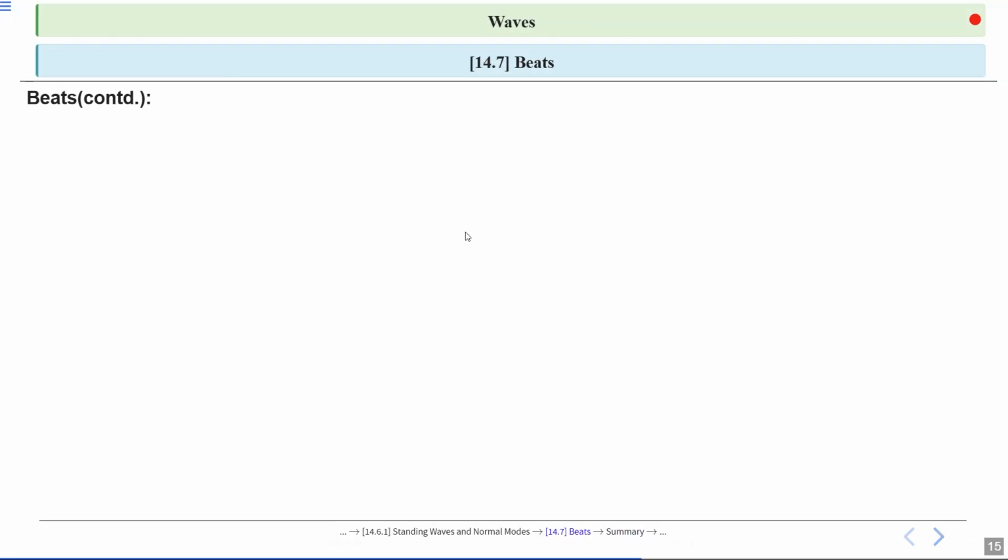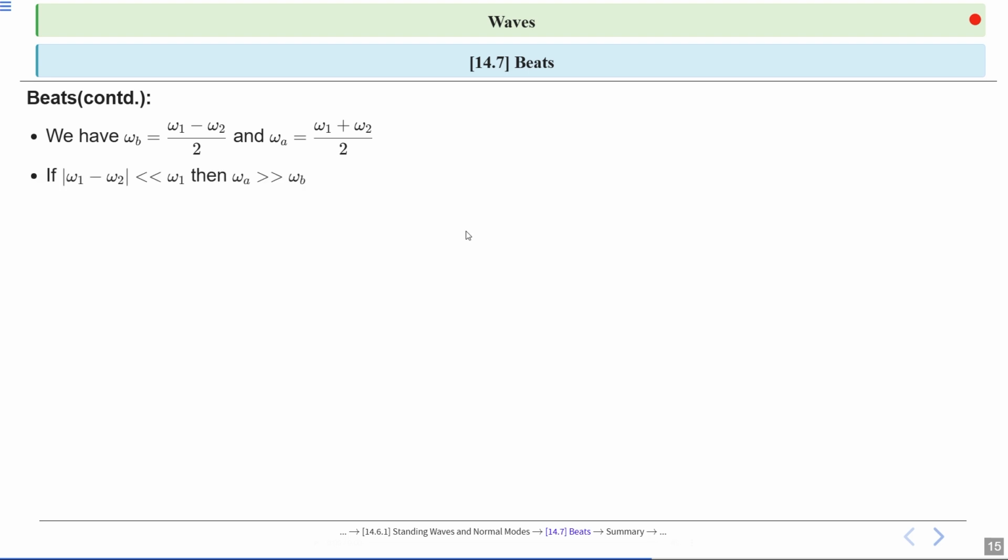Now we have the expressions of two new angular frequencies, omega b and omega a, based on the two given frequencies omega 1 and omega 2. Omega b is the difference between omega 1 and omega 2 divided by 2, while omega a is their sum divided by 2. This is commonly used in physics to simplify expressions.